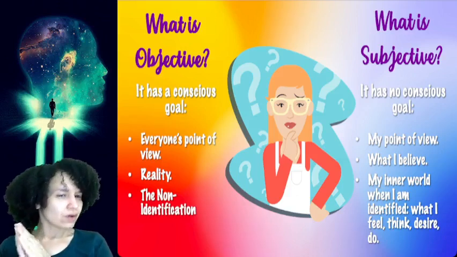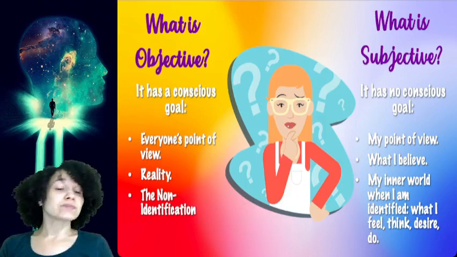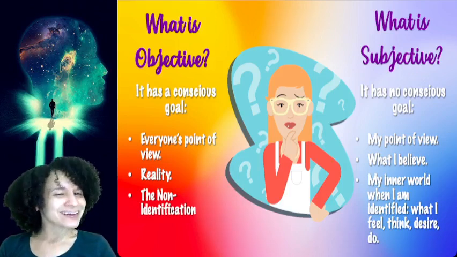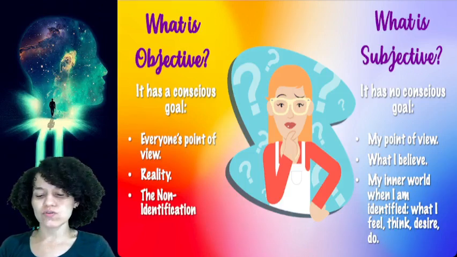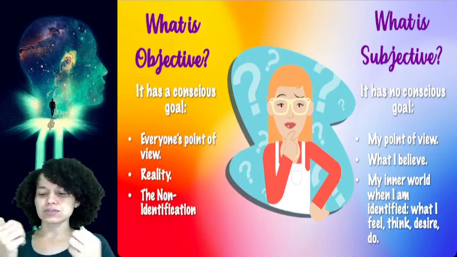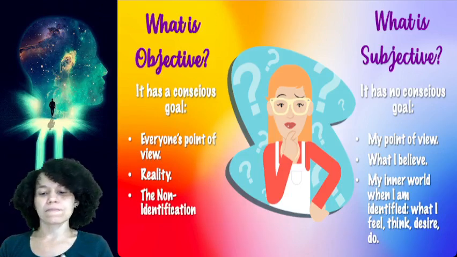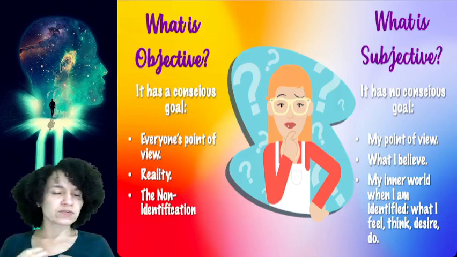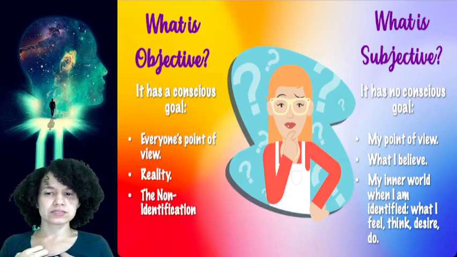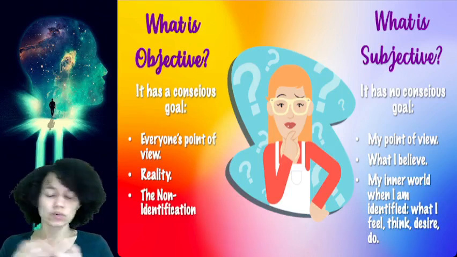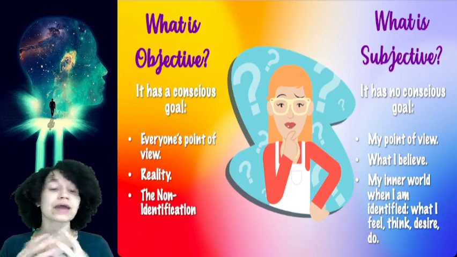Now, on the other hand, the subjective is everything that doesn't have a conscious objective, because the subjective always watches over its particular egoic interest, always looking for my point of view to be the only one taken into account, that what is important or what is the truth is what I believe.